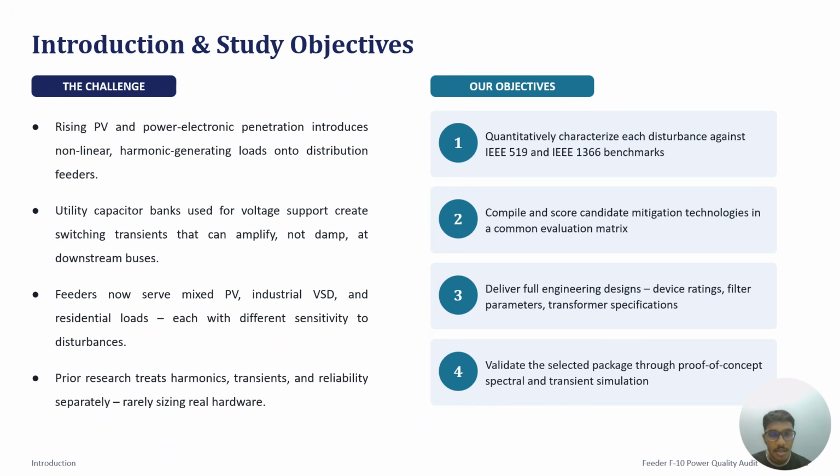Under the wrong conditions, they actually amplify rather than attenuate the transient at the downstream bus. Feeders today serve a mix of PV, industrial variable speed drives, and residential loads, each with very different sensitivity to disturbance, and most prior research treats harmonics, transients, and reliability as separate problems, rarely going as far as the real hardware.